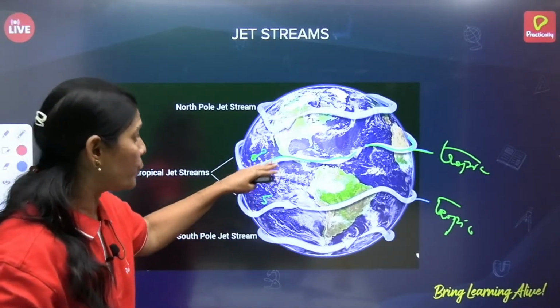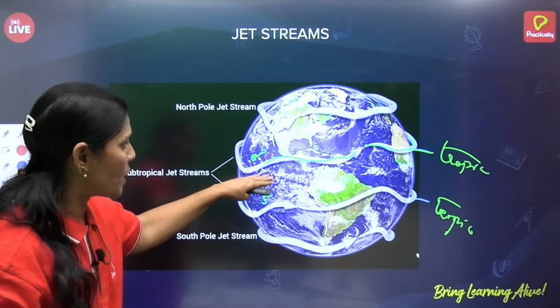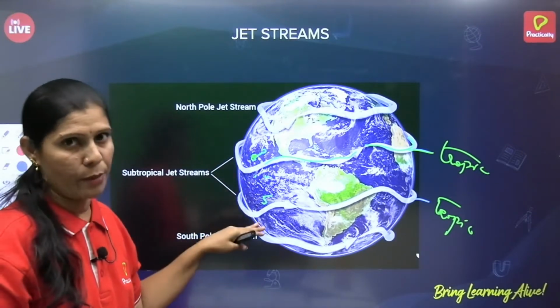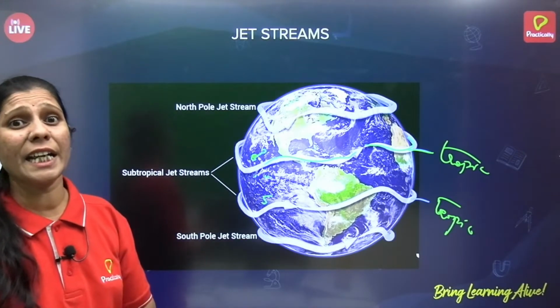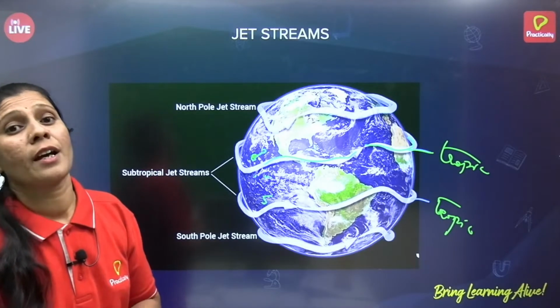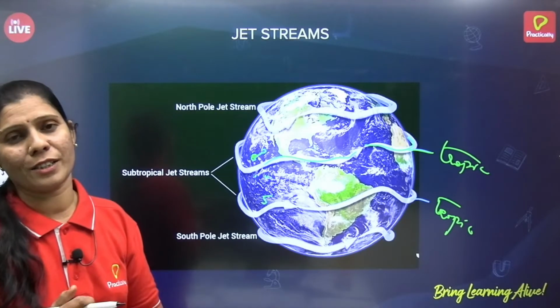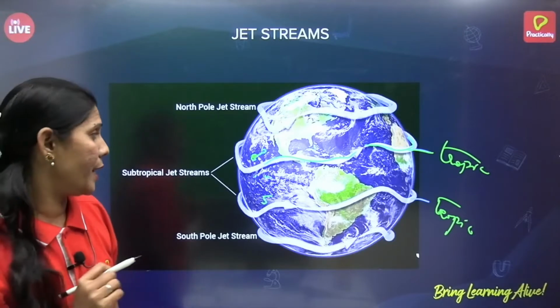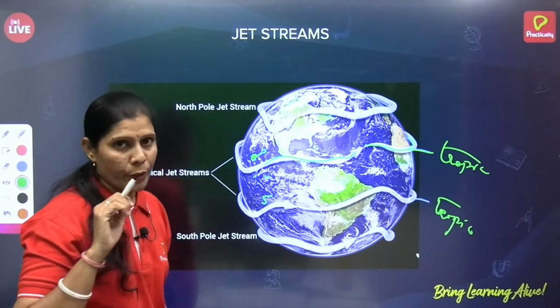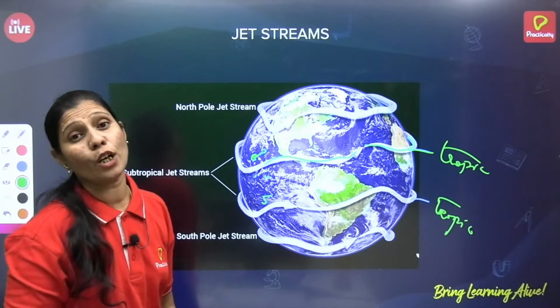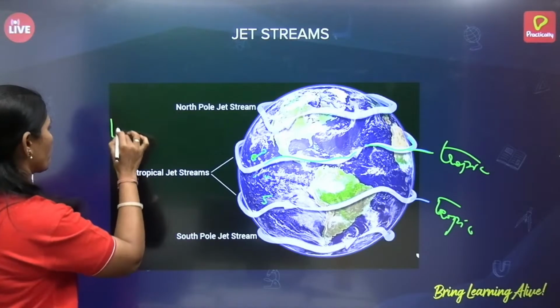Why are we reading about jet streams? In India, jet streams blow at 184 kilometers per hour in winters, and in summer 110 km per hour. Please note this point.